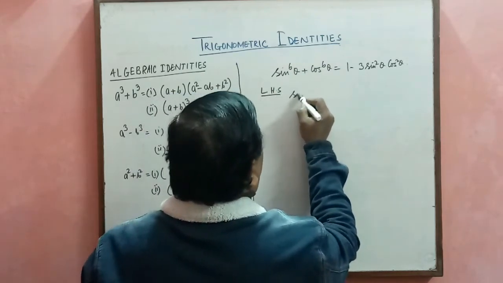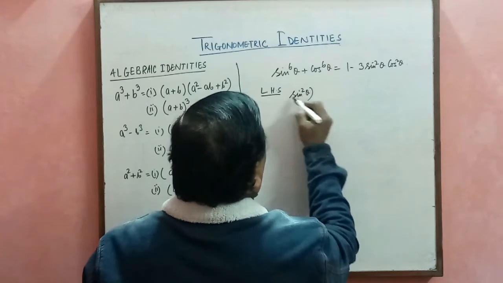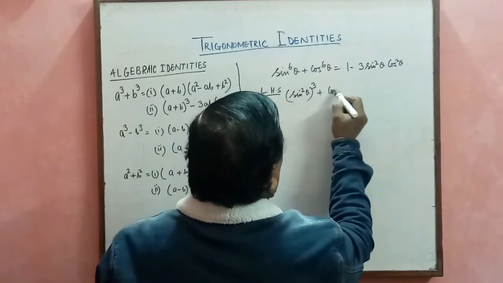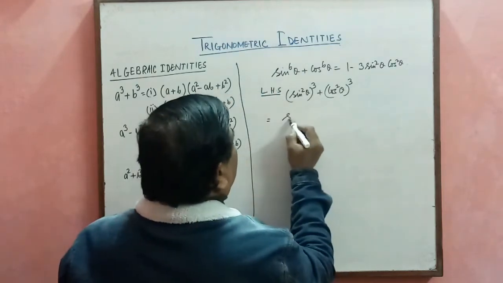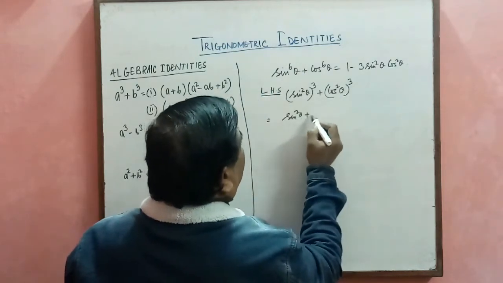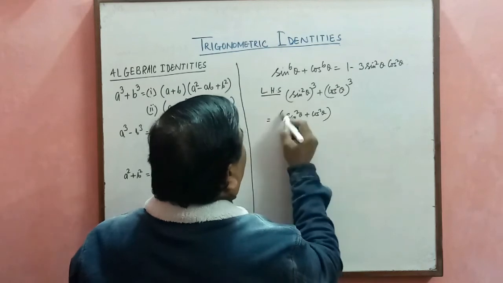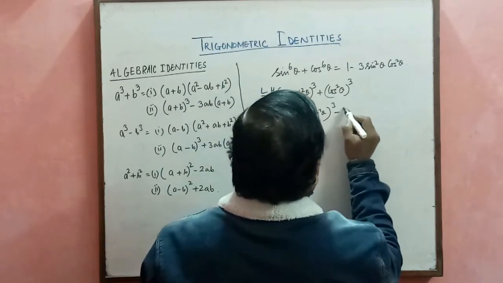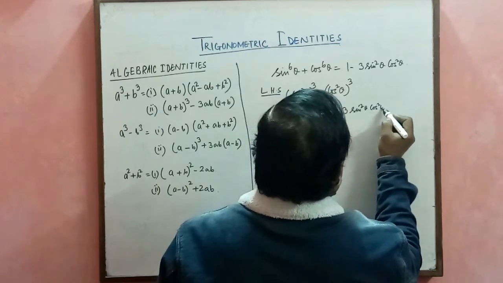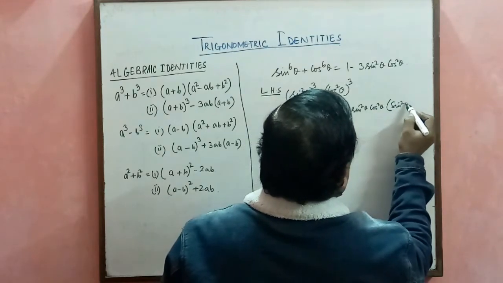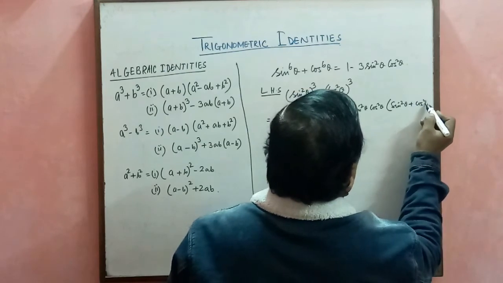This is sin square theta whole cube plus cos square theta whole cube. This is (sin square theta plus cos square theta) whole cube minus 3 sin square theta cos square theta into (sin square theta plus cos square theta).